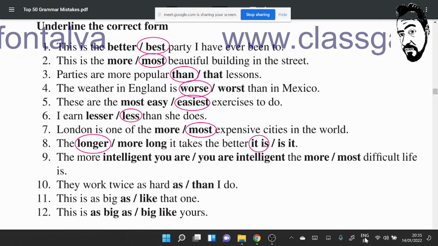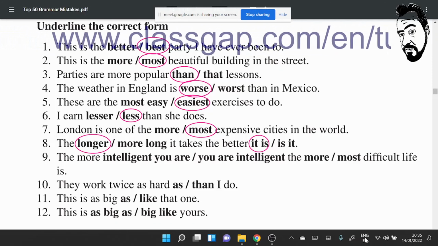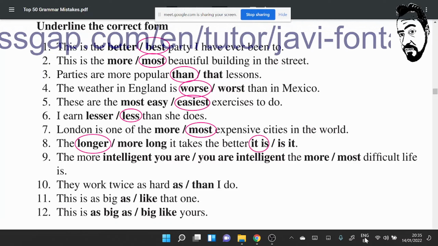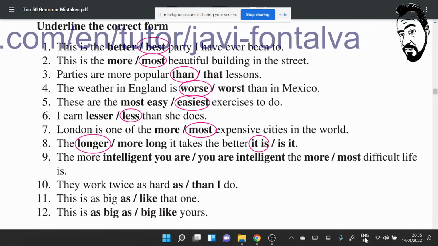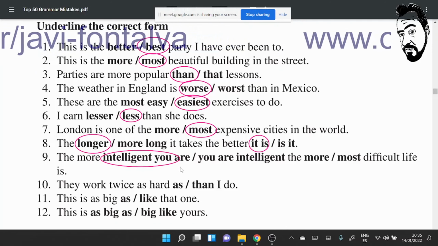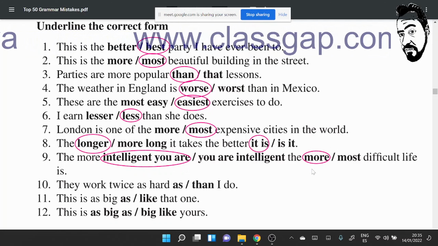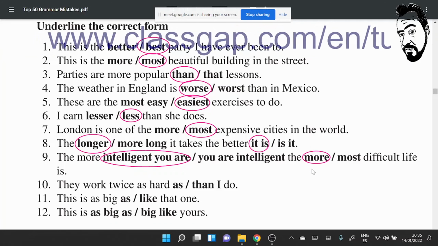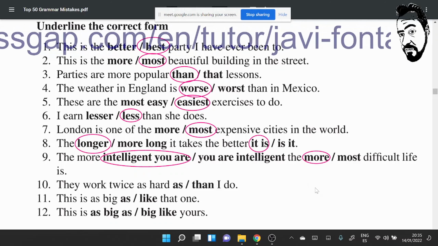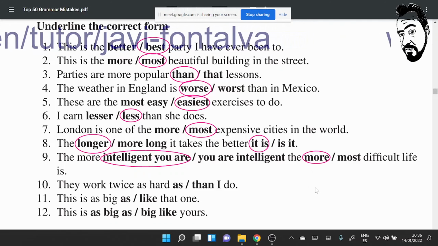Number 9. The more intelligent you are, the more difficult life is. This one is confusing because we usually say the most, but when you have this kind of sentence, the blah blah, the blah blah, we use the comparative, not the superlative.